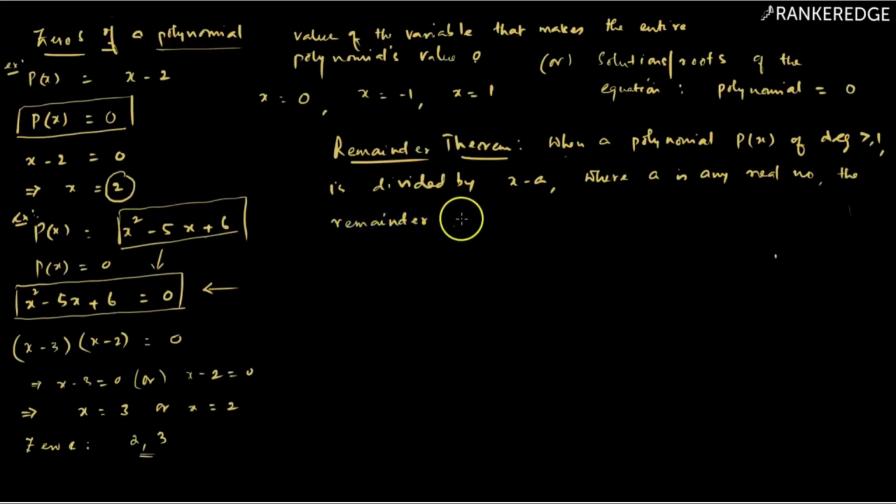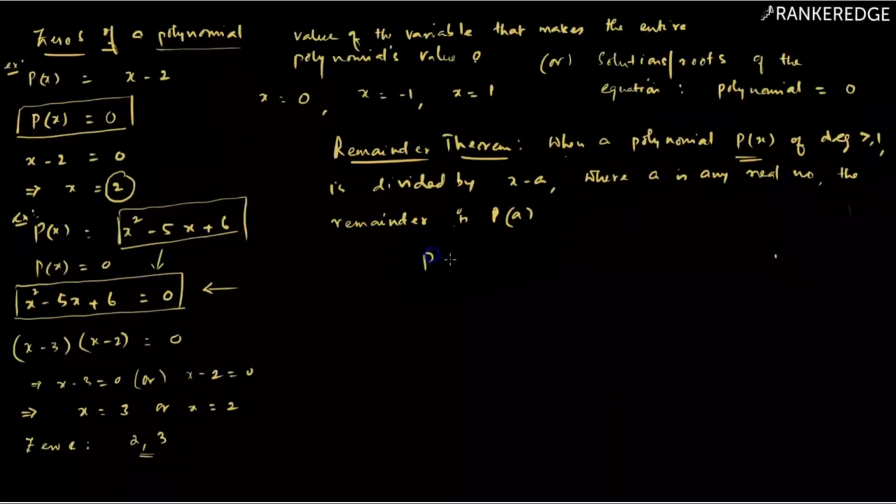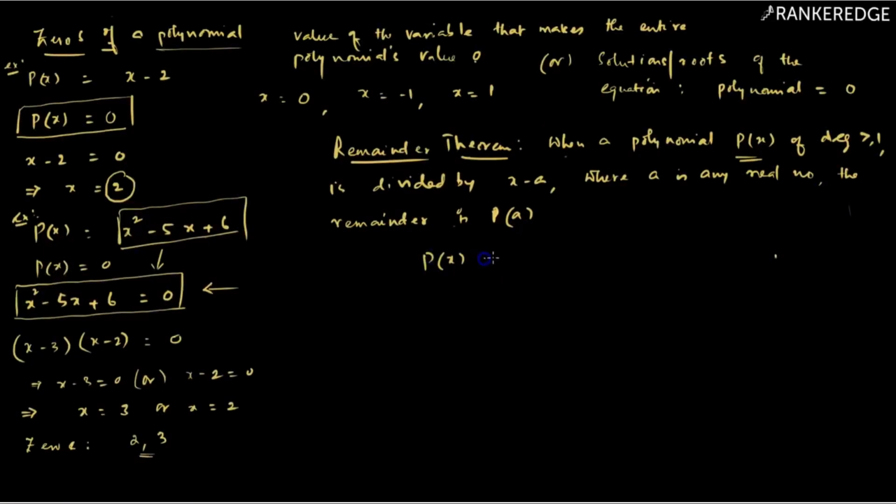The remainder is p of a. What is p of a? P of a is the value of the polynomial, this polynomial p of x, when you substitute the value of x as a. So what is this remainder theorem saying? It's saying that when my dividend is p of x, that is when p of x is divided by x minus a, which is the divisor, I get some quotient.